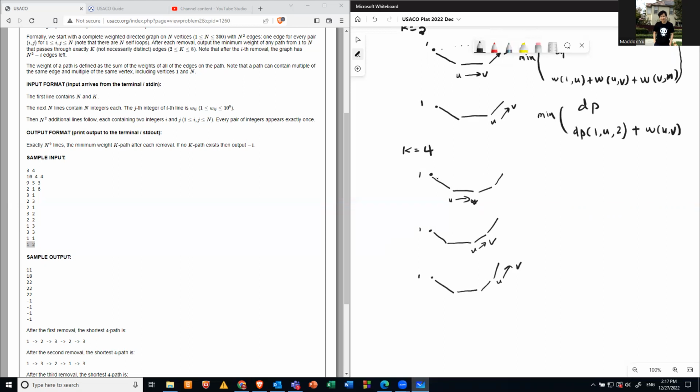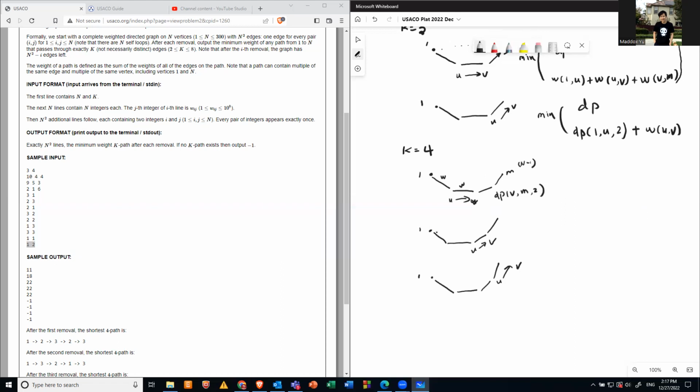If U to V is here, then this is the original weight plus this weight plus, from here to here, dp of V to M with weight of 2. So then you have to iterate through all the m minus 1 points.